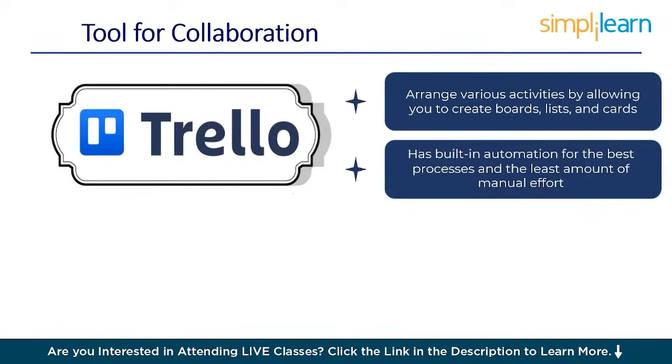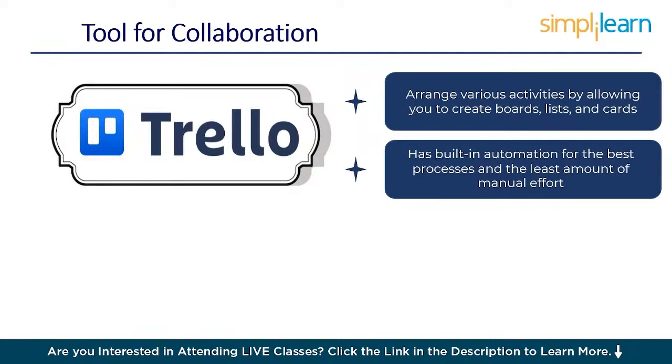Trello is one of the more powerful project management applications that aims to improve teamwork inside and between departments. Trello allows you to manage several projects and arrange various activities by allowing you to create boards, lists, and cards. To get a clear picture of everything that is happening, you may also set up calendars, make checklists, and assign productivity indicators.